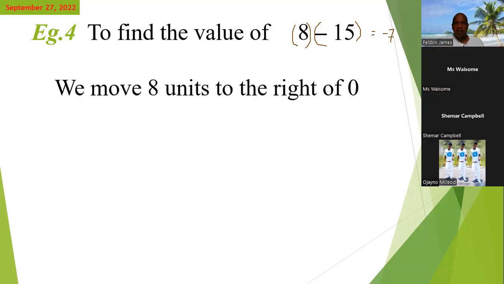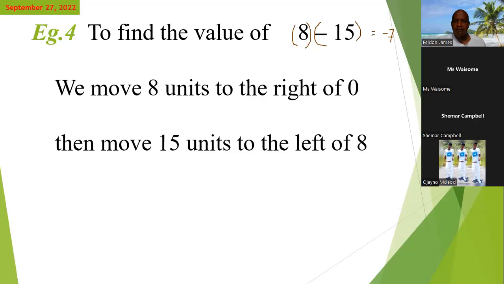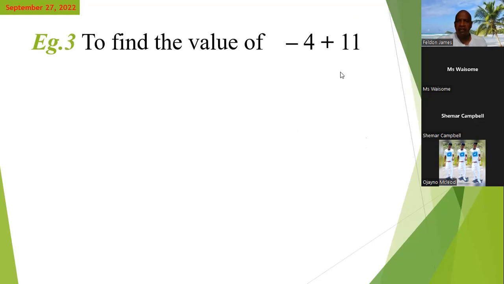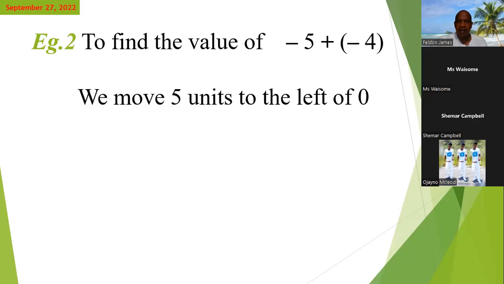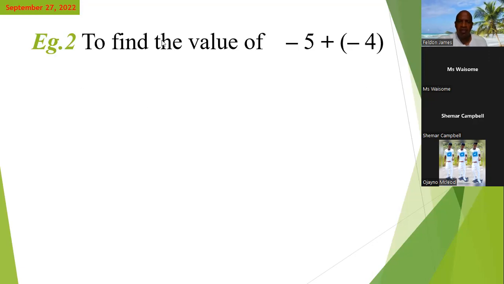All right, so out of these 4 scenarios, we can see some patterns emerge. Let me write down the four scenarios. First we have +6 plus +3.